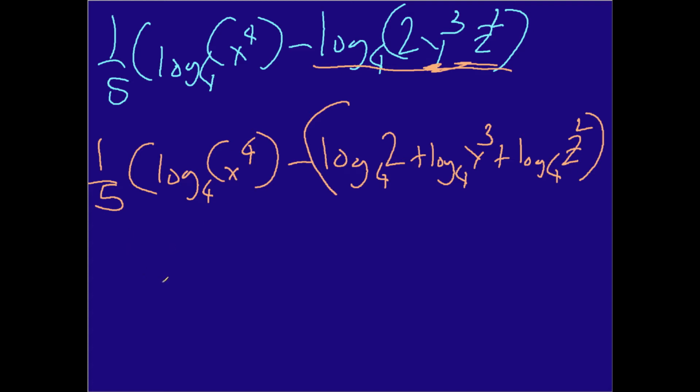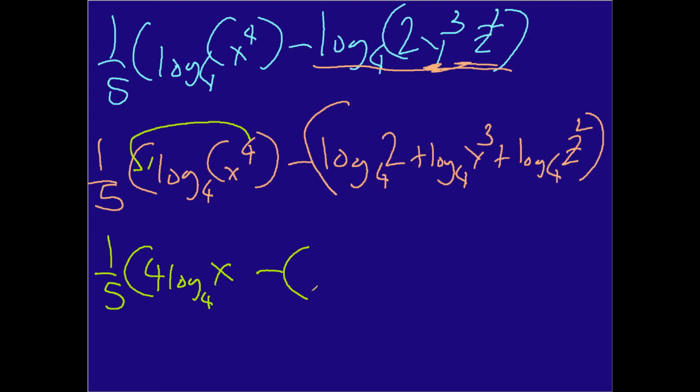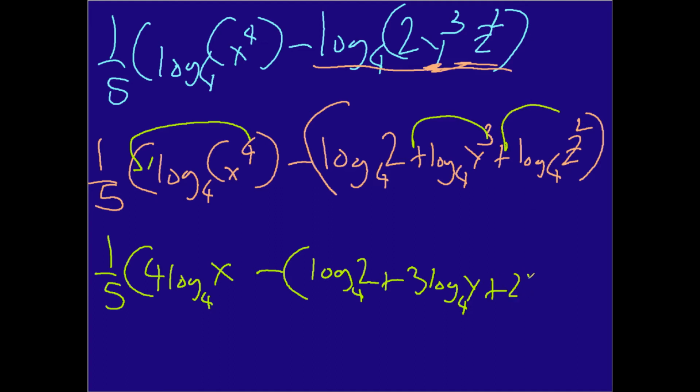To make this as simple as possible, I still have 1/5, but now I move this 4 in front, so now it's 4 log base 4 of x, minus log base 4 of 2, plus, I bring this 3 in front, 3 log base 4 of y, plus, then I bring this 2 in the front, 2 log base 4 of z, like so.